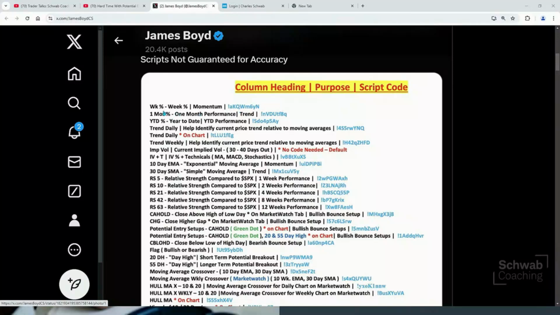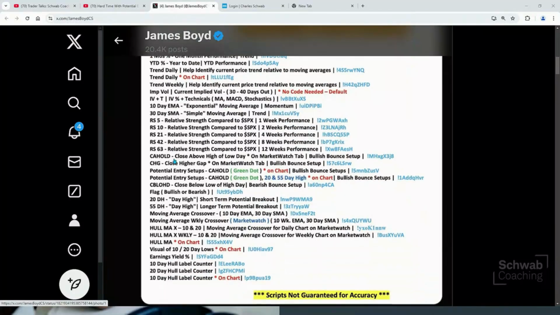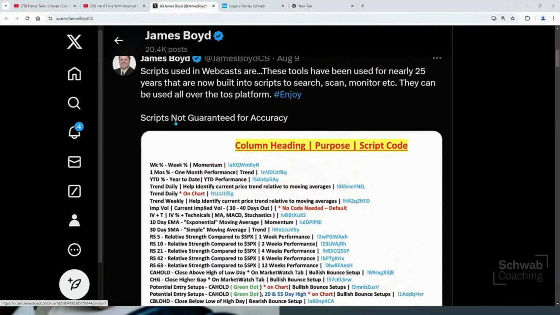Each row represents a script. You cannot copy and paste that because it's not like a Word doc or something. Write the script down and just type it in, and it should pull up kind of like what we have. Now remember, when we talk about scripts, not guaranteed for timing or accuracy, but they might be helpful, better than just doing things manually.